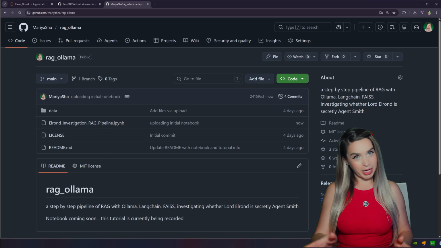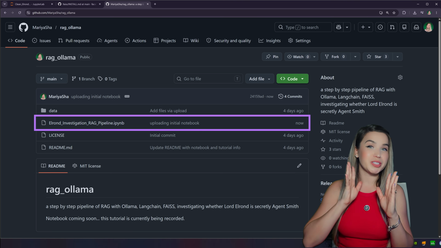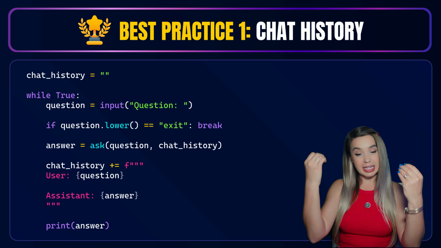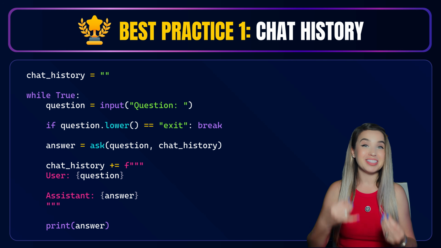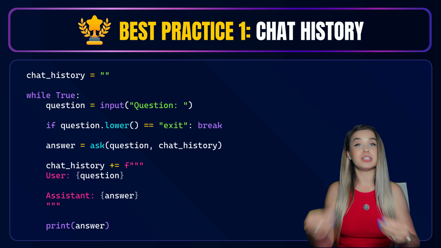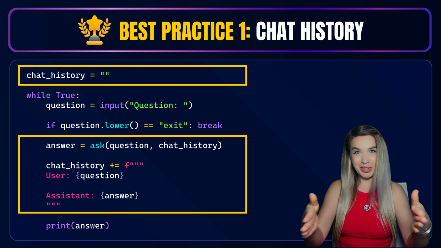So in terms of best practices, you can find all of them on my GitHub, but let's quickly go over the most important ones. Right now, our AI detective can answer a single question at a time, but real systems work as conversations. The moment we start asking multiple questions, we need to store the chat history ourselves. There is no automatic way to do it.